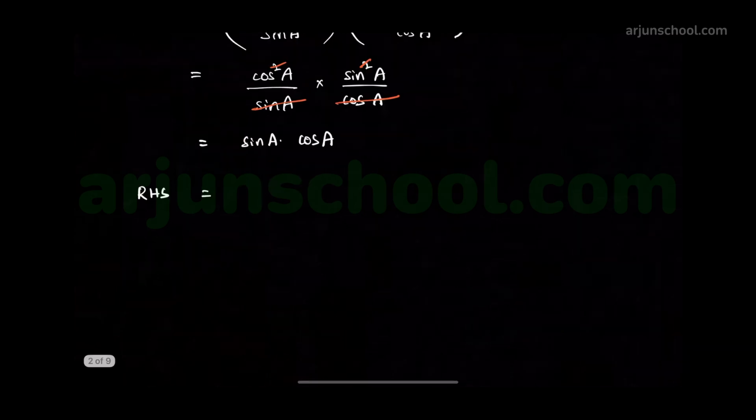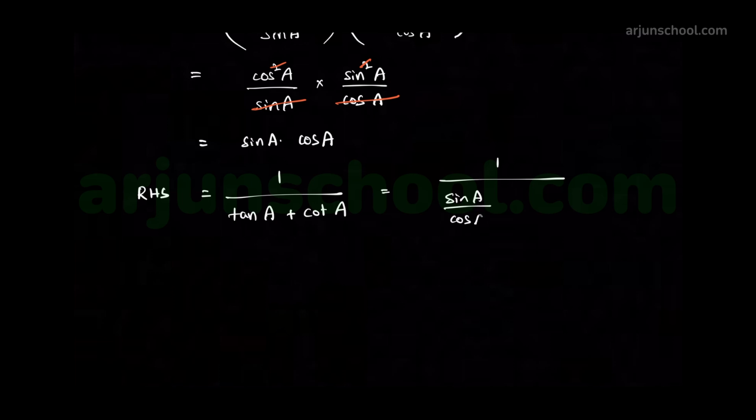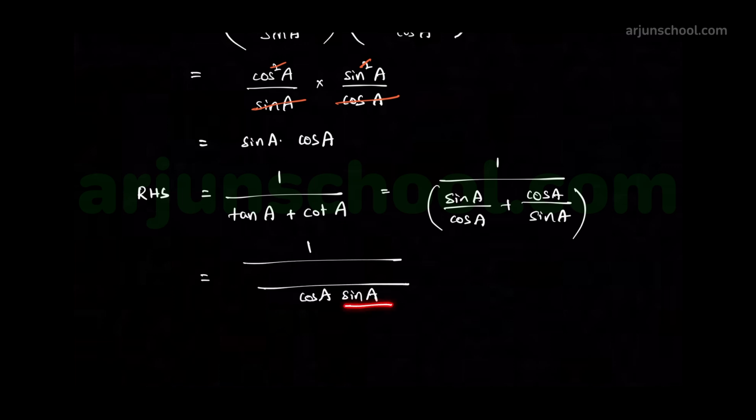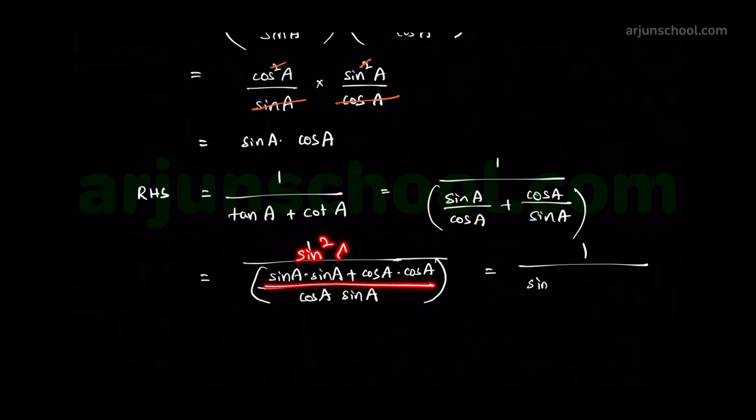Now let us take the RHS. RHS is equal to 1 by tan A plus cot A. Tan A can be written as sin A by cos A plus cot A can be written as cos A by sin A. Let us take the LCM in the denominator, cos A sin A. Sin A times sin A plus cos A times cos A. That is equal to 1 divided by sin² A plus cos² A is 1 divided by sin A cos A. Let us rewrite the fraction.